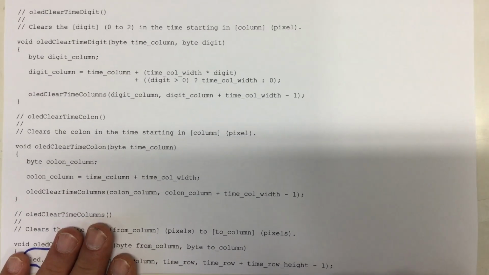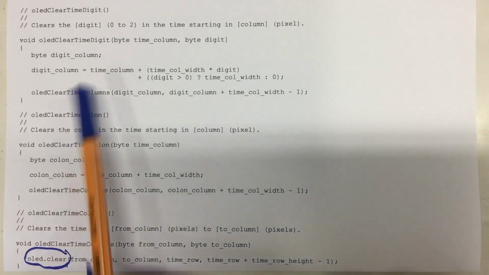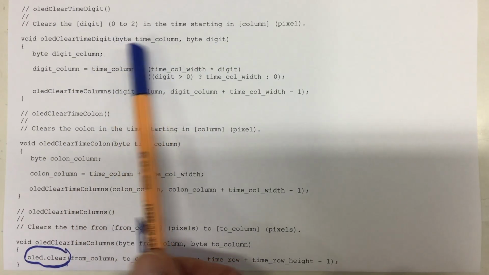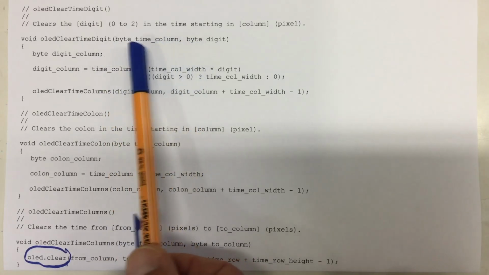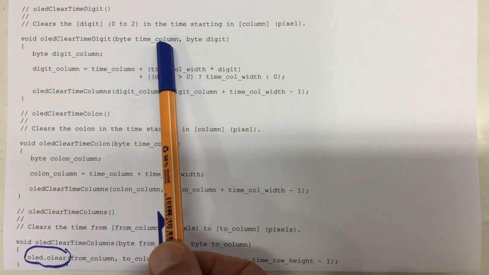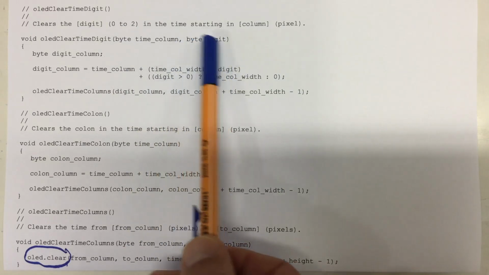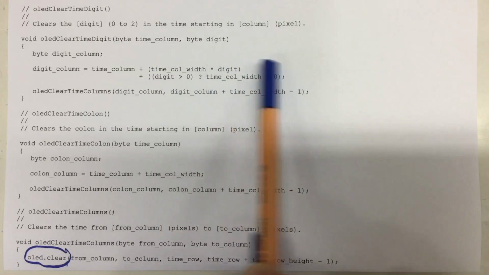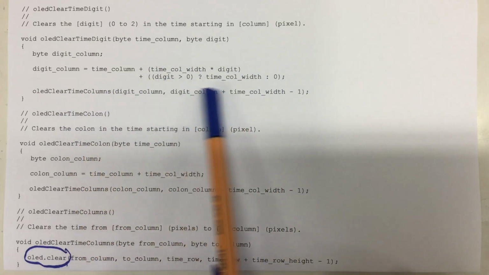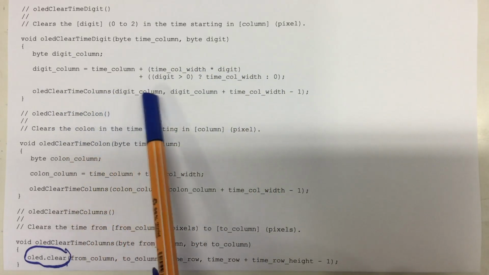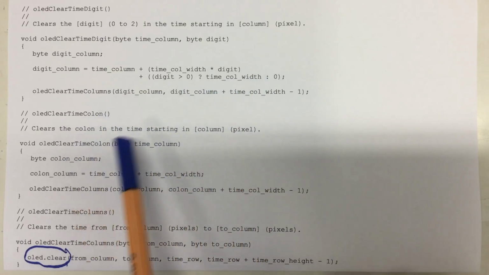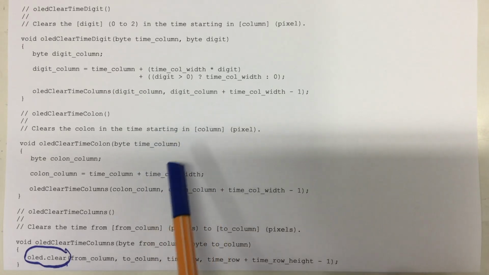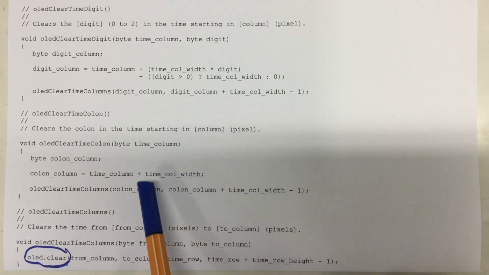And yeah, then we have clearing a single digit. I again only give in which time column I am, and the digit I want to delete, and do the pixel calculations just for the column and pass that again to that OLED clear time columns. Colon, the same, no parameter because the colon is always at the second position.